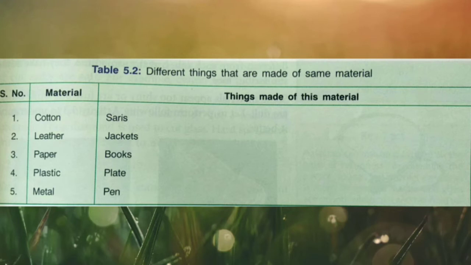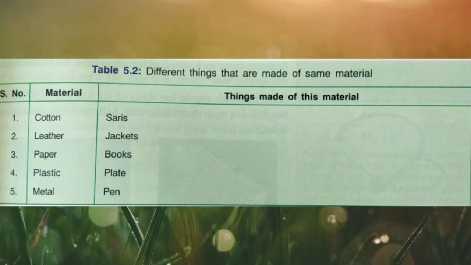Now we will record our observation in table 5.2 and we can take help of our friends, teacher, or parent to collect information about as many things as possible. One example of each is given and you are supposed to add more to the list.